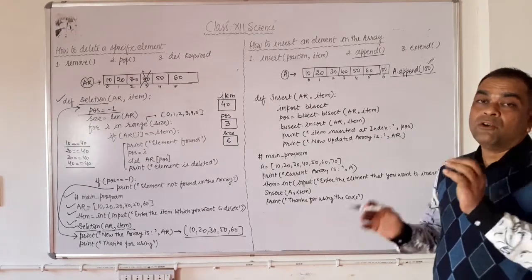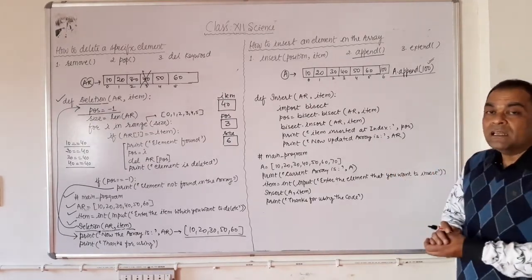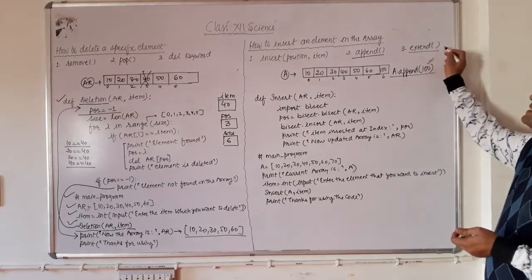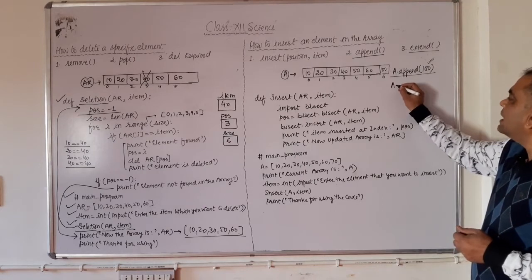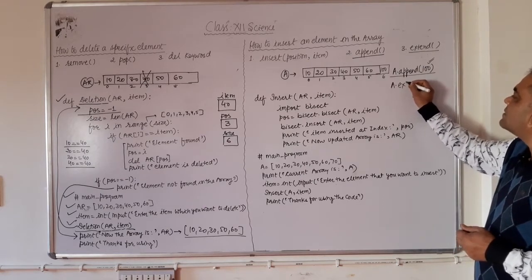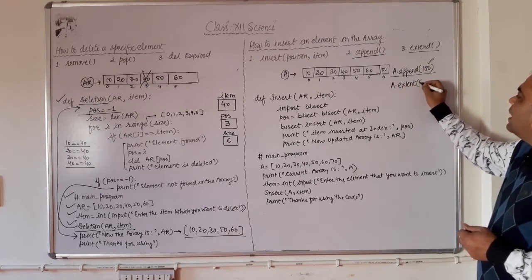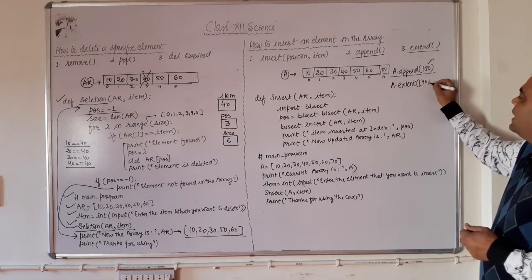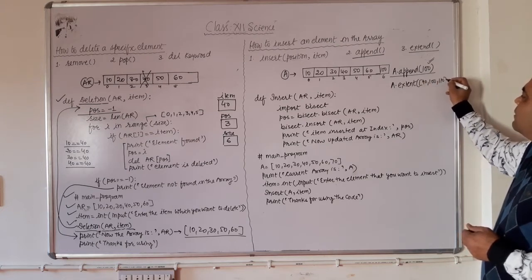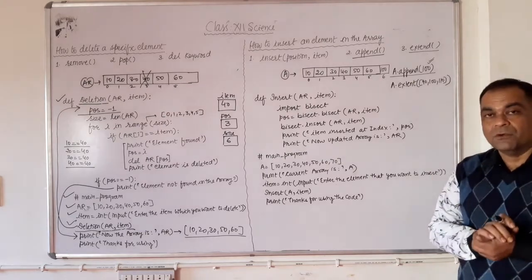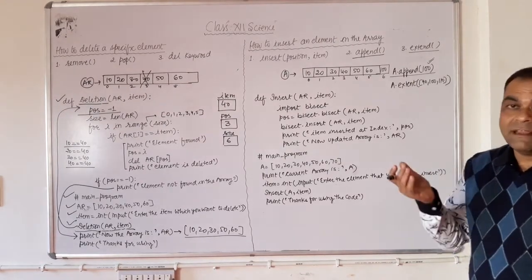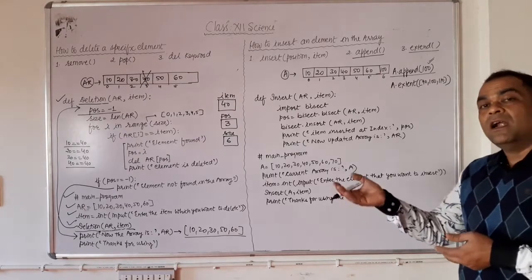Right? Now if you want to insert multiple elements, then you just use the extend function of Python. How can you use it? Suppose I approach a.extend, and here I supply values 90, 100 and 110. Right? Extend function takes a sequence from you. Sequence means either you can give a list or you can give a tuple over here.